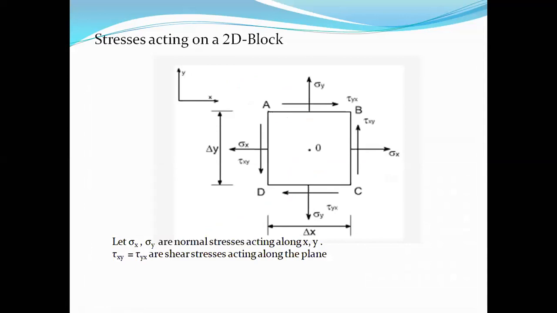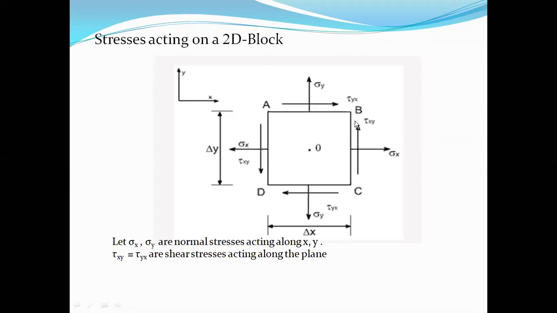In this case, this is along x-axis and this is along y-axis. Whenever the stress is acting normal to the plane, they're called normal stresses. Look at here: sigma x, sigma x, sigma y, and sigma y. These are all called the normal stresses acting in a 2D block, along x and y directions.